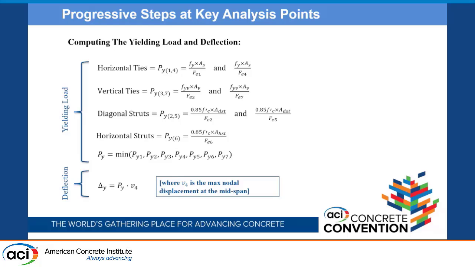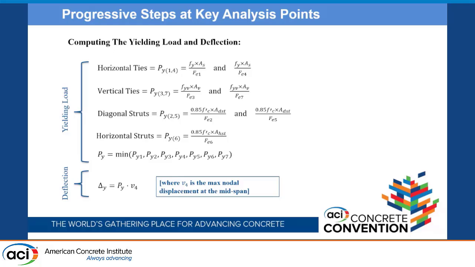We calculate a force based on that by taking the force Fy times As and dividing it by the internal force due to a unit load applied to the truss, to get the yielding load that will cause this member to fail. Same way with the concrete ones, 0.85 f'c will be multiplied by the area divided by the internal force for a unit load, same way with the horizontal strut.